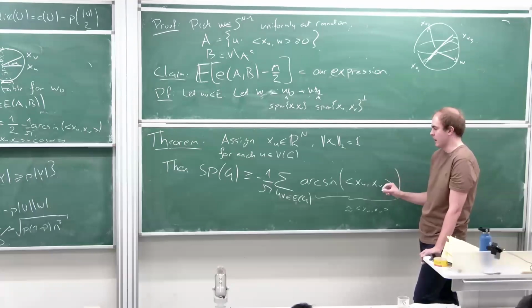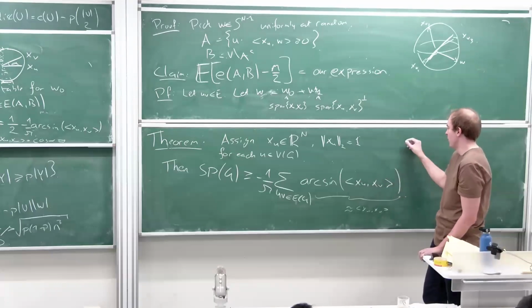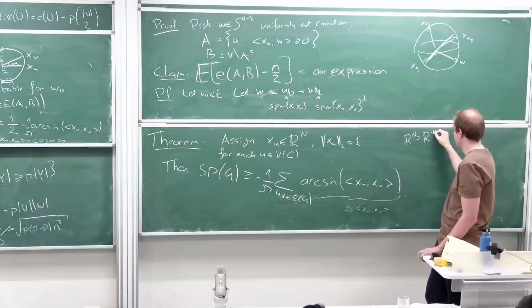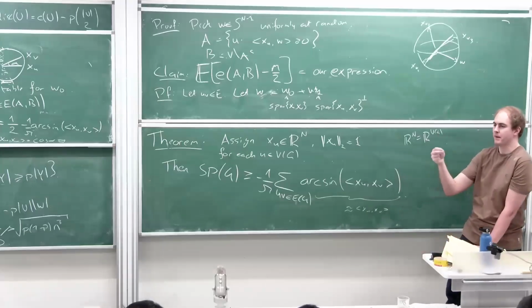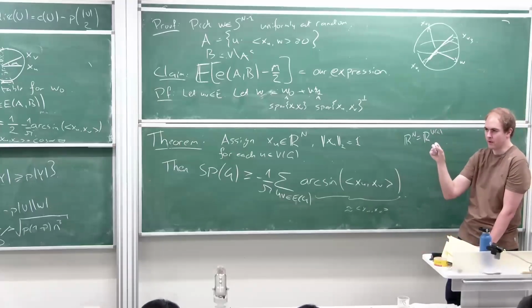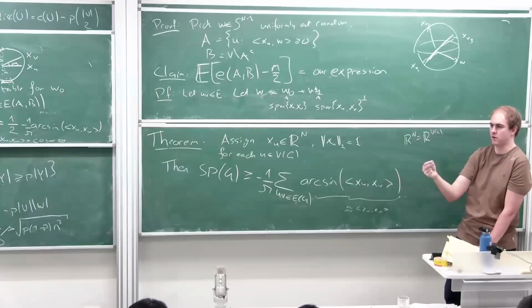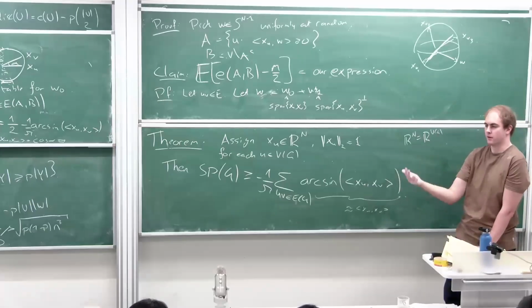Because basically, we would usually pick R^n indexed by the vertices of G. Then we pick XUW to be something which has information on both U and W. And then the inner products will be sums of this form.